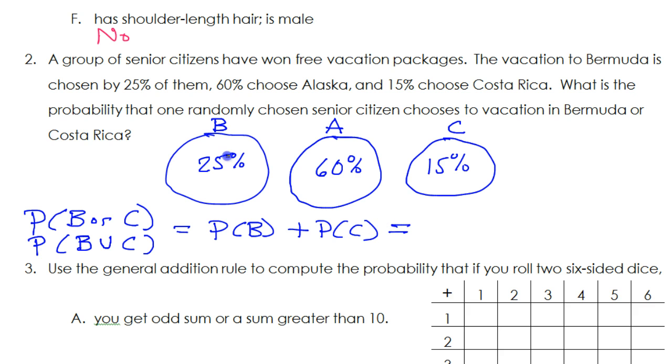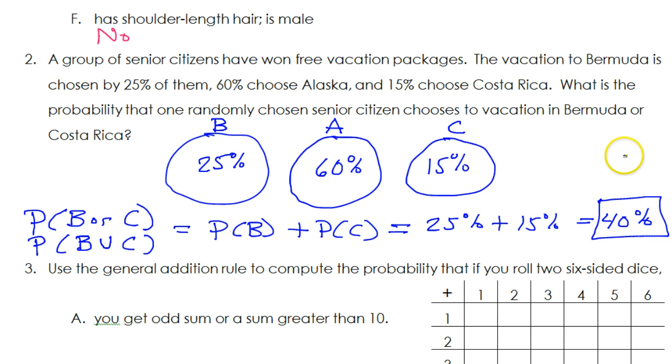In this case, that's just 25% plus 15%, so that's 40%. That's the answer. We often express this as a decimal, so understand that this would be the same thing as 0.4.